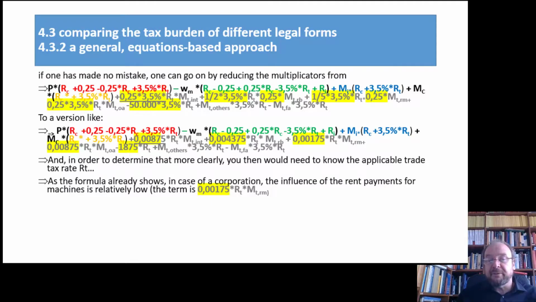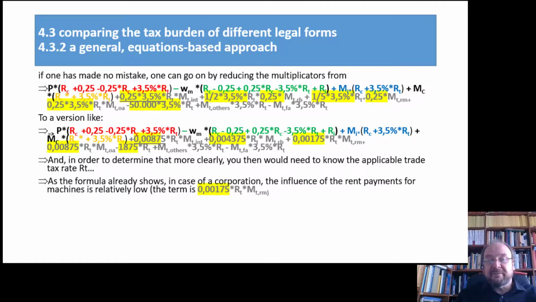The formula would, for example, show that in case of a corporation, the influence of the rent payments for the machines on the tax burden, the additional tax burden which is caused by that, is relatively low: 0.00175 times the trade tax rate times the amount of the rent payment.